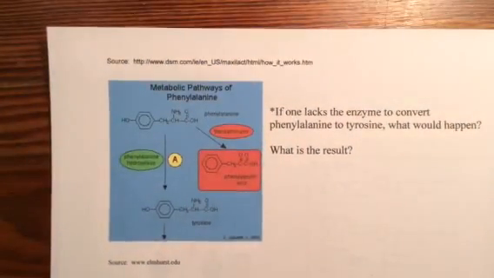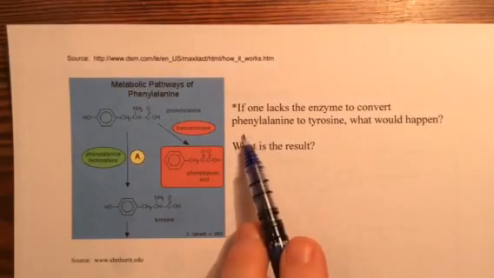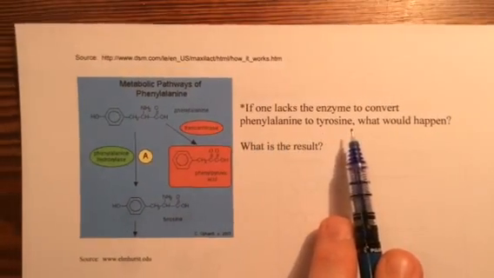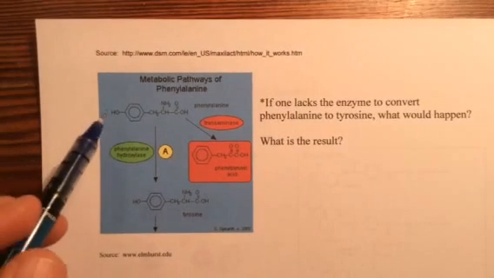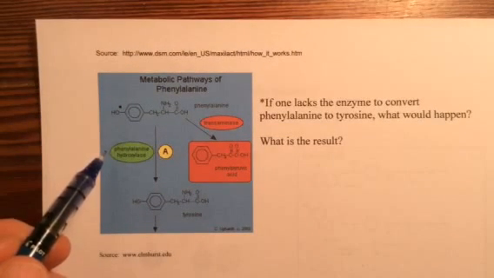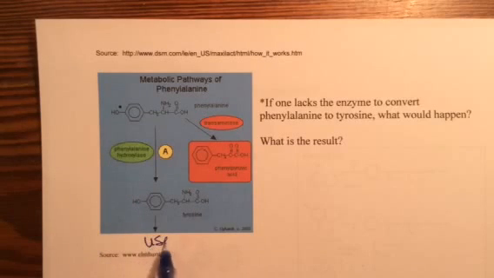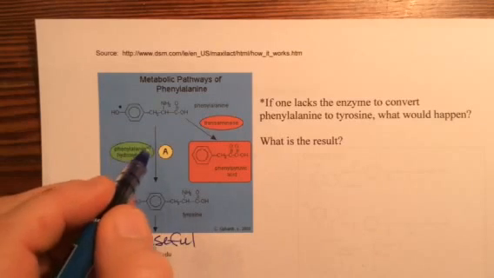On the next page, the question is, what happens if we lack the enzyme to convert phenylalanine to tyrosine? Well, in the normal pathway, phenylalanine, in the presence of phenylalanine hydroxylase, will be converted to tyrosine, and then it will go on to do something useful. It will be packaged into thyroid hormone, or into some other protein that is needed for the body.